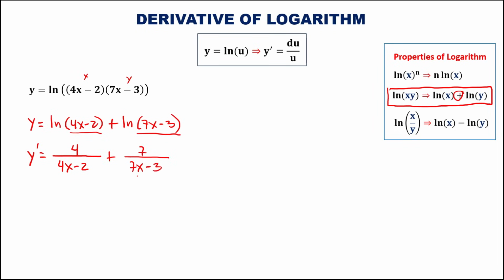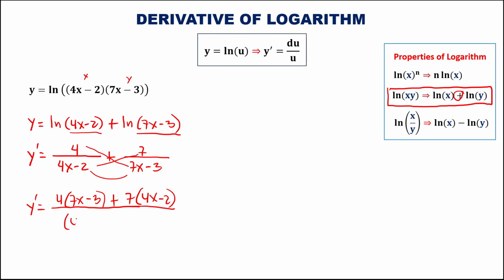Then to simplify, using the butterfly method, multiply: this becomes 4 times (7x minus 3), then plus, multiply, 7 times (4x minus 2), over (4x minus 2) times (7x minus 3).